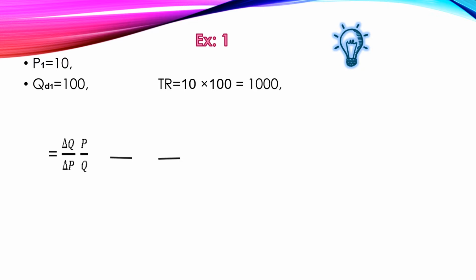If price was changed from 10 to 12, the new price equals 12, and the change in price equals 12 minus 10 equals 2. The quantity demanded decreased from 100 to 40. The new quantity demanded equals 40, and the change in quantity demanded equals 40 minus 100 equals negative 60.